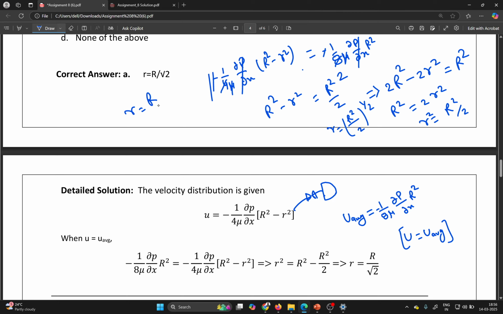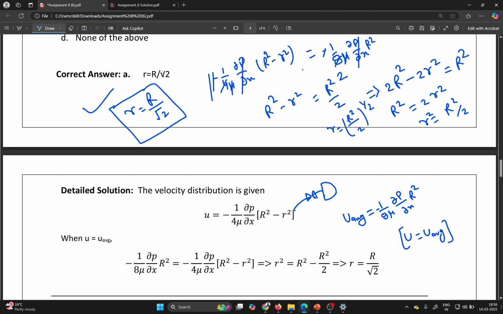So r is equal to capital R by root 2. So hope you got it.